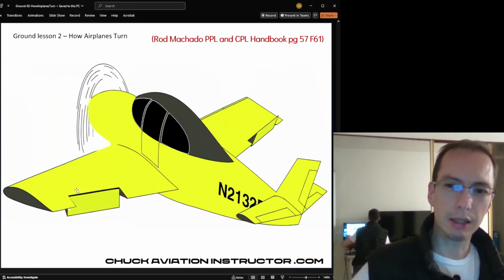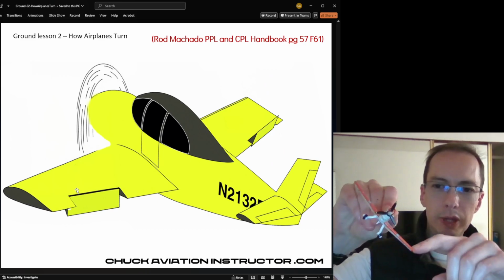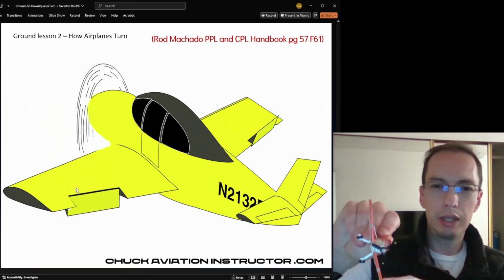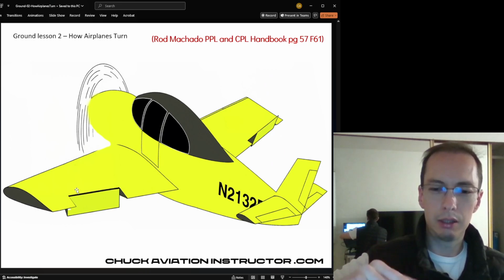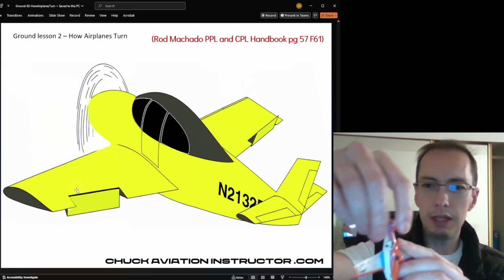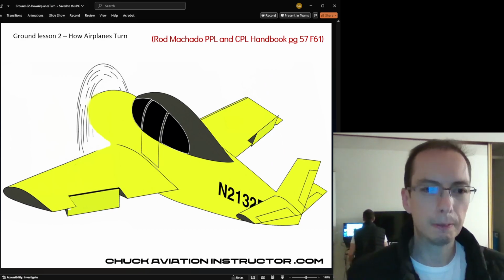It was already banked at 40 degrees, and if we drop the left wing, it's going to turn into a very steep bank angle, and with a stall, it's going to develop into something that you want to avoid.